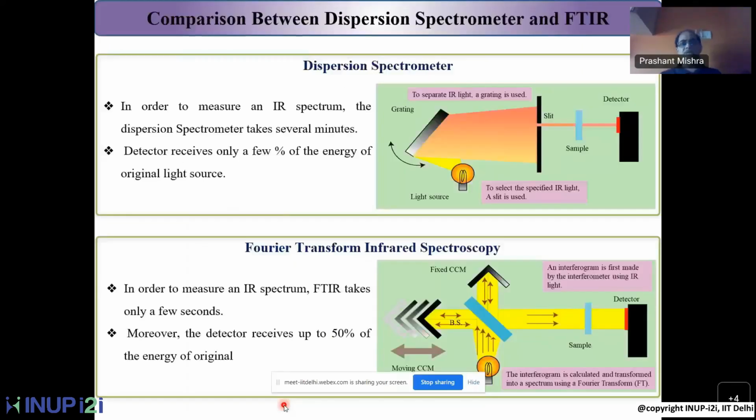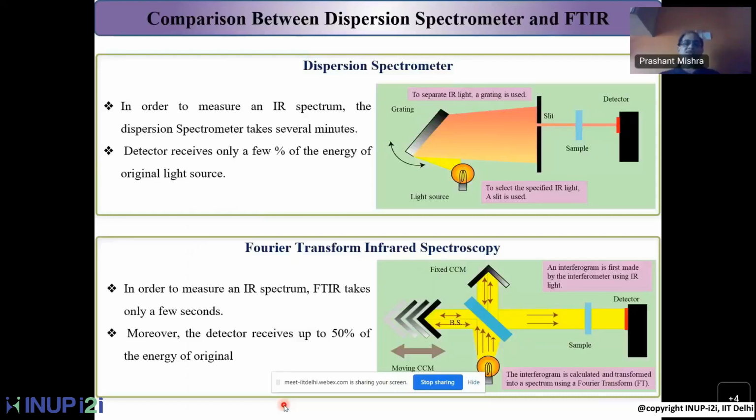Now I will give you some very interesting facts. You can have an IR spectrophotometer which could be a dispersion spectrometer, or it could be FTIR, which is a Fourier transform spectrometer. What is the difference between these two?